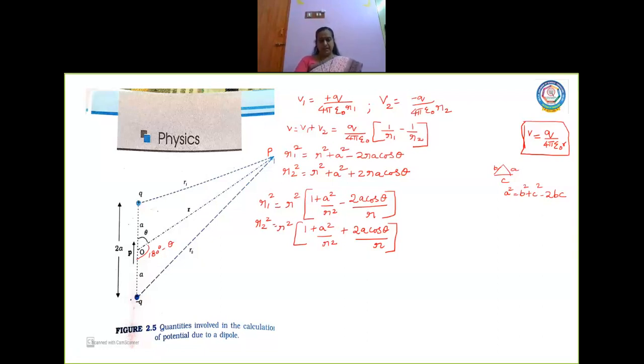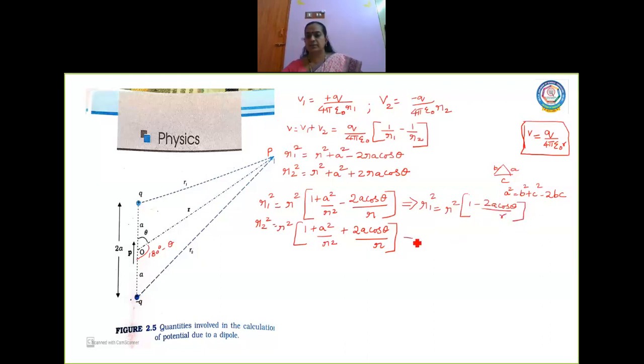Now when we compare this distance, this r is much greater than a, which is the semi length of the dipole. So if it is going to be like that, you can neglect the term a square by r square. So if I neglect the term, I can write r1 square equal to r square into 1 minus 2a cos theta by r.